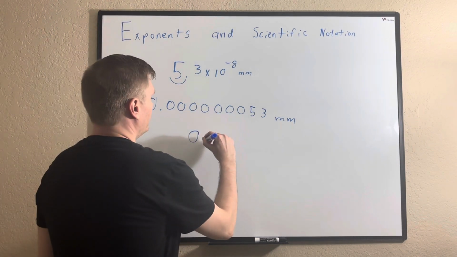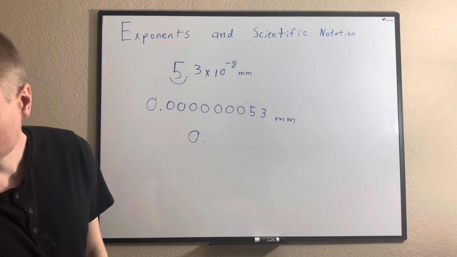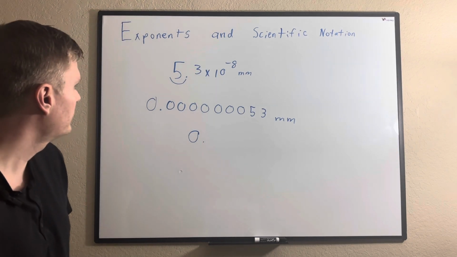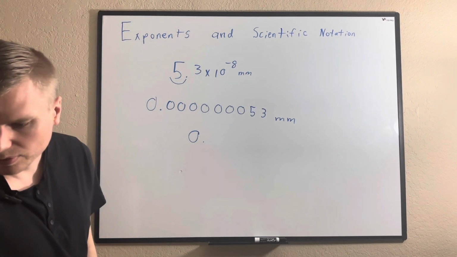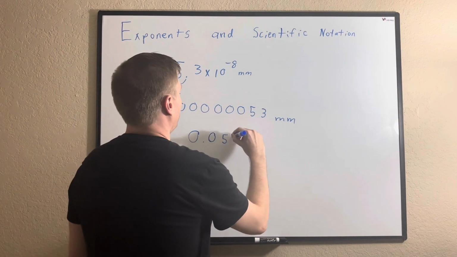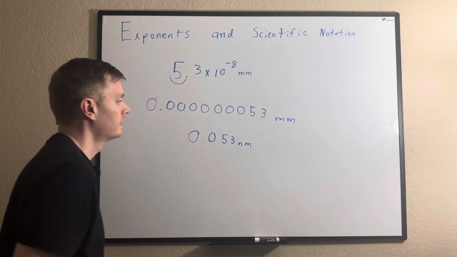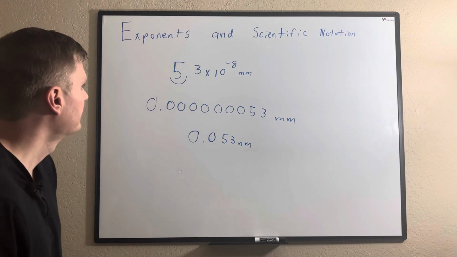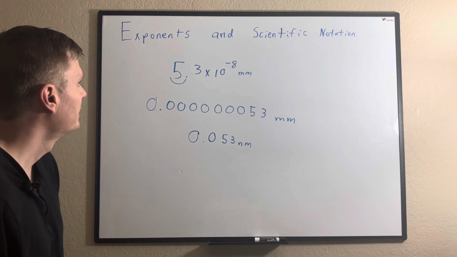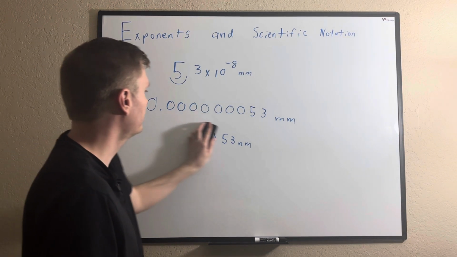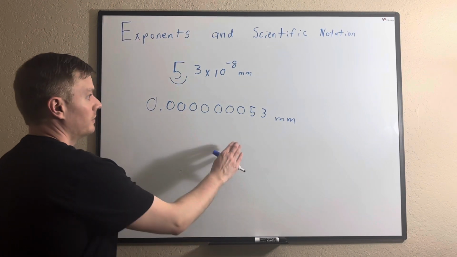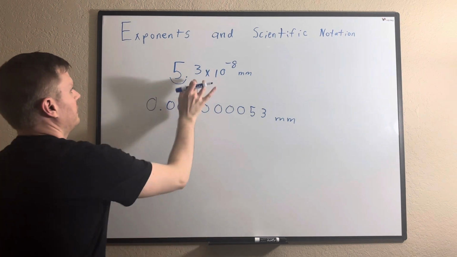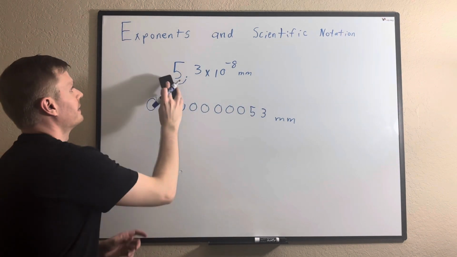And if you Google it, some of them might say it's 0.053 nanometers or something or other, but yeah, that's why we use scientific notation, so that we don't have to memorize all those different measurements. We can just, okay, we know what a millimeter is. Let's just compare it to that. Okay.